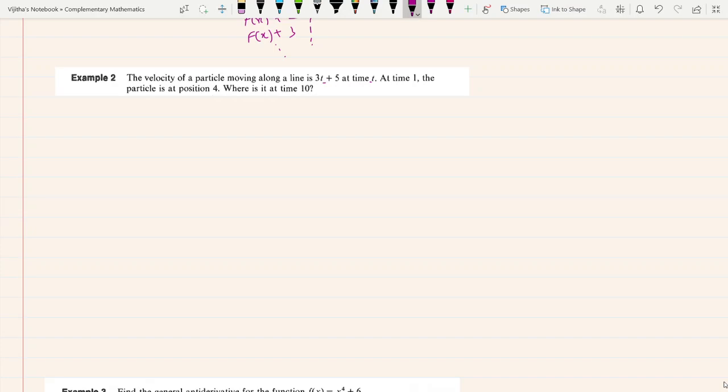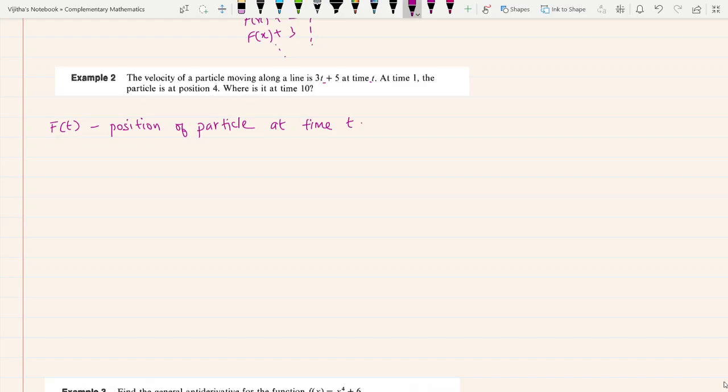So suppose we represent F of t to be the position of the particle at time t.